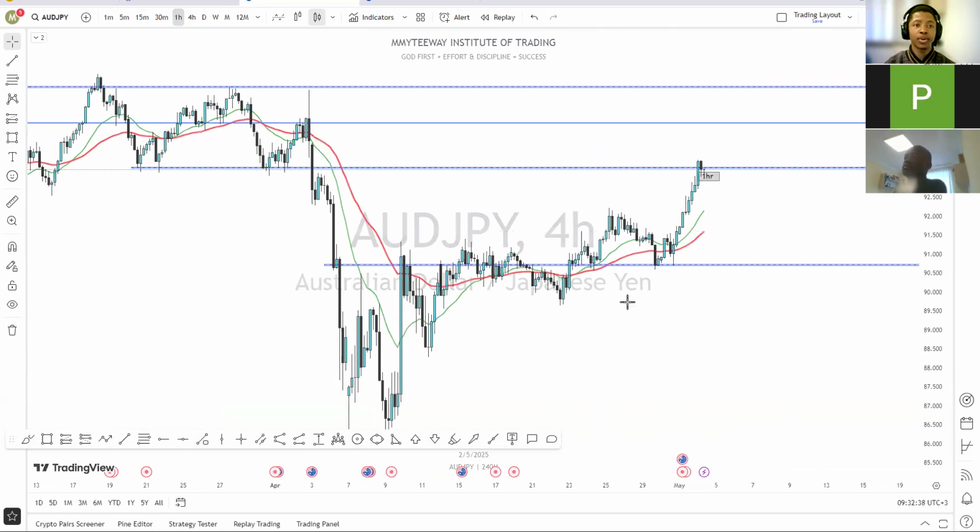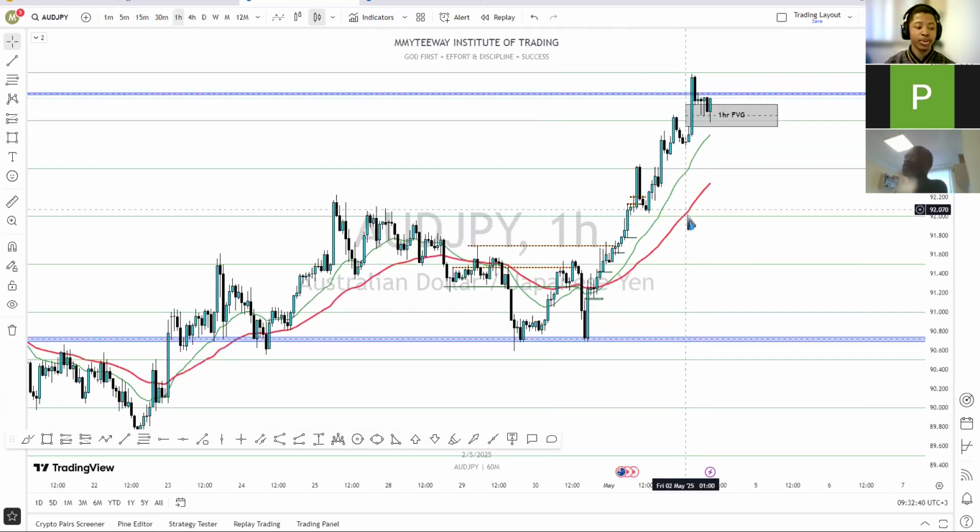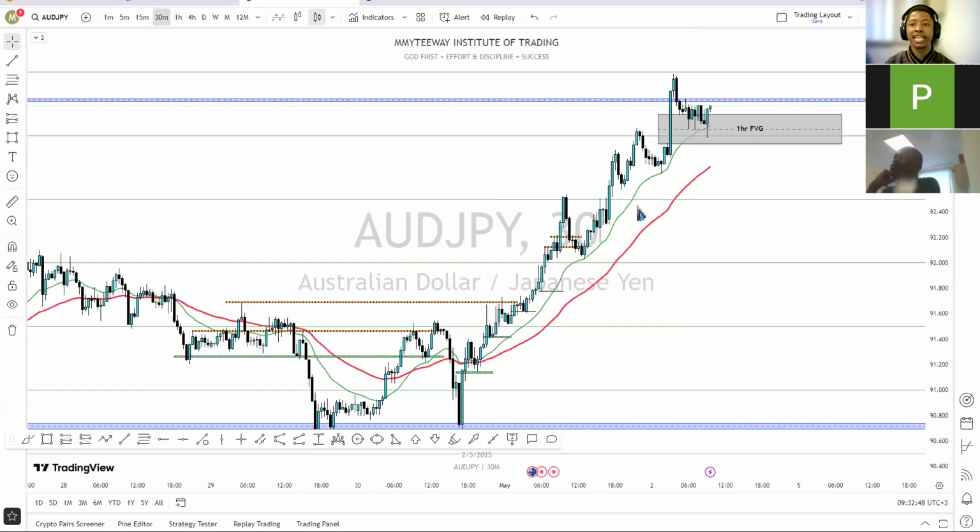In the 1 hour, the red one is also below the green one to show a potential upward momentum. In the 30 minutes it is the same thing. So this pair has a high potential of going upward rather than downward.